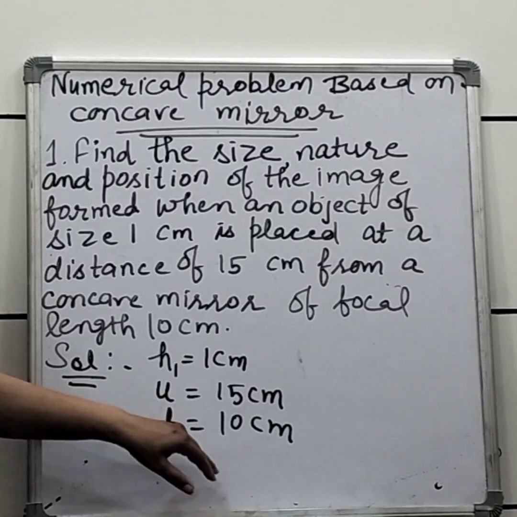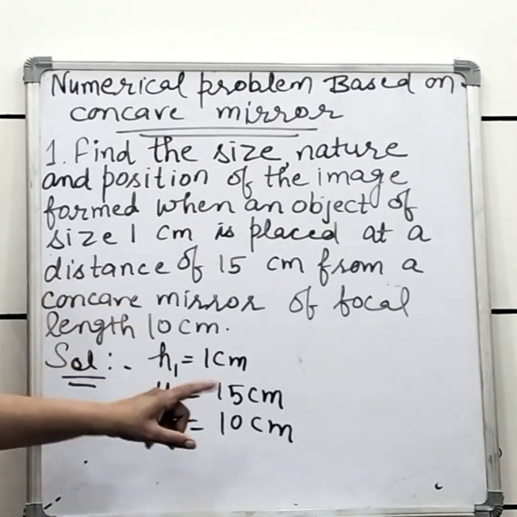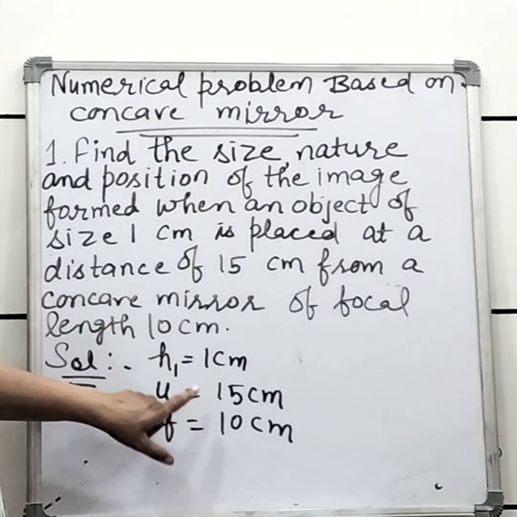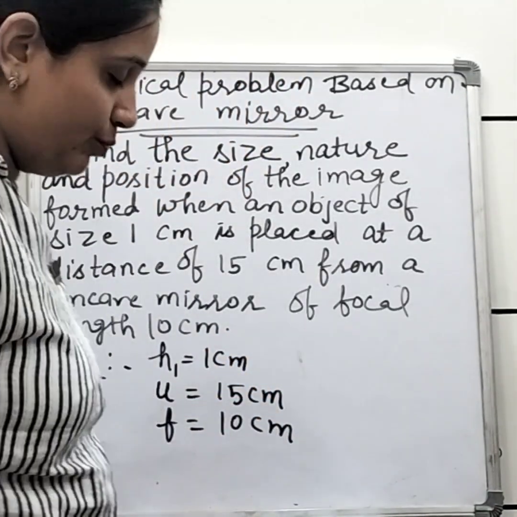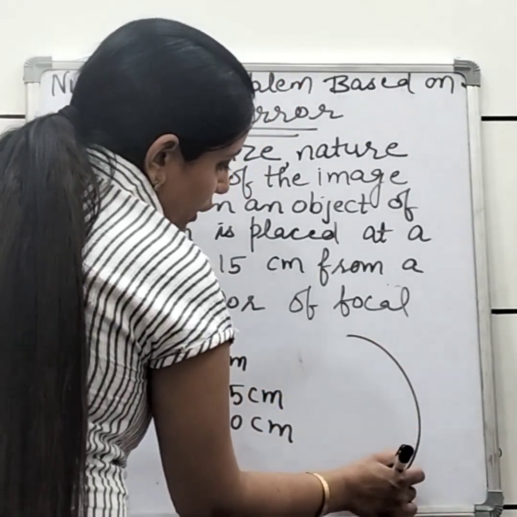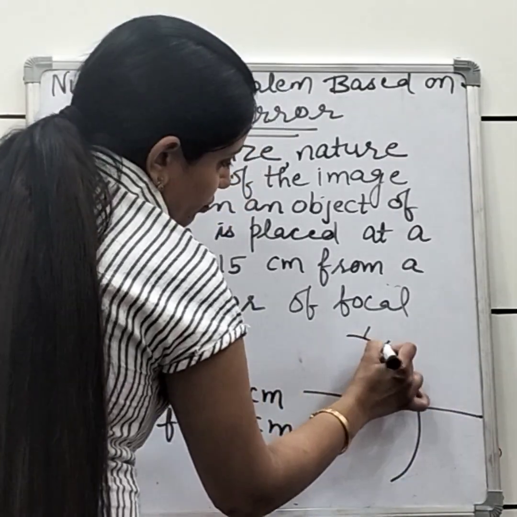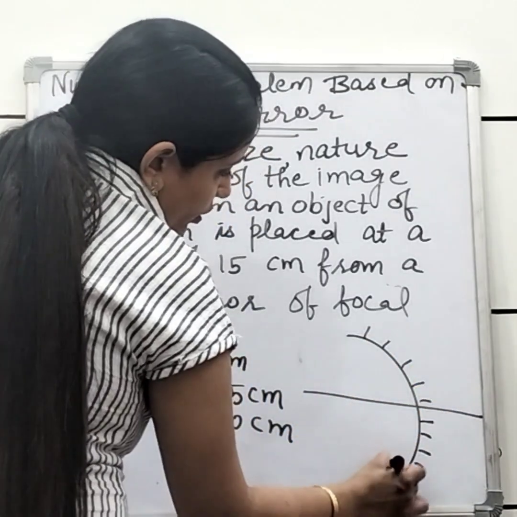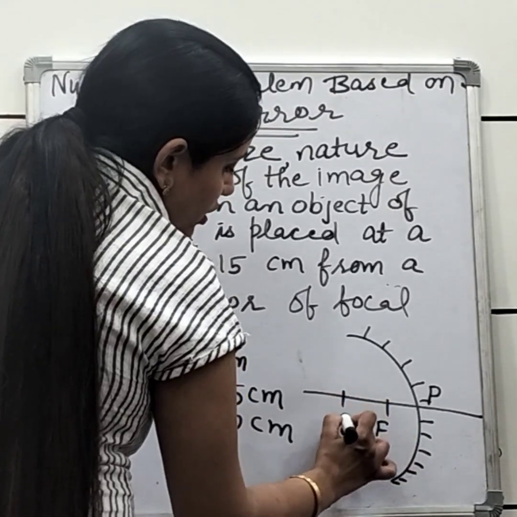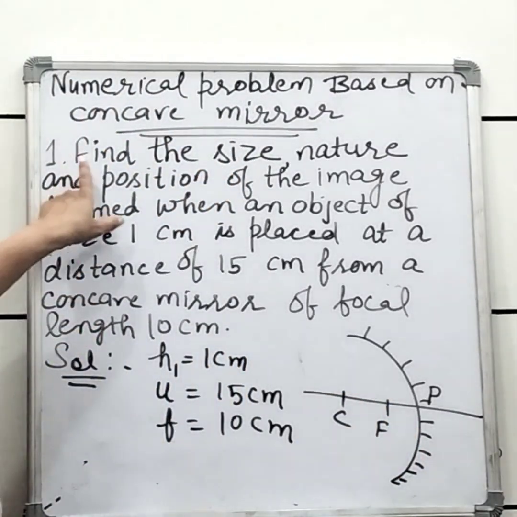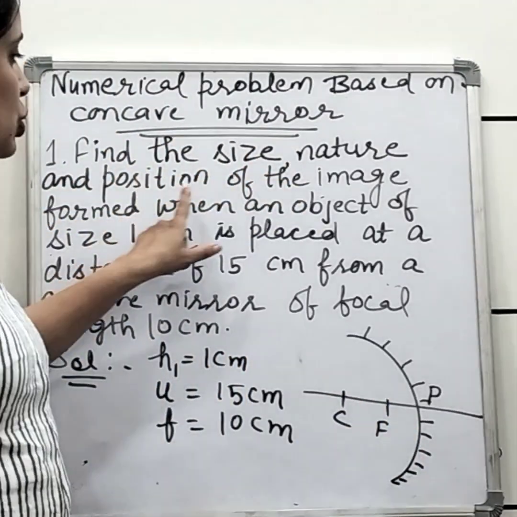So is f positive or negative, is u positive or negative, is h1 positive or negative? According to the diagram, we will see that. So a concave mirror, pole, here is the focal length, focus point, center of curvature. Find the size, nature and position of the image.